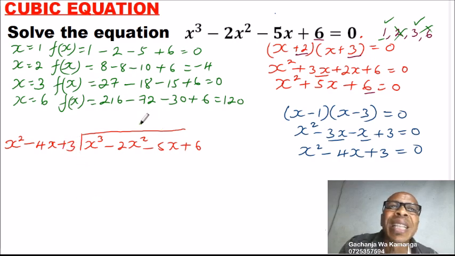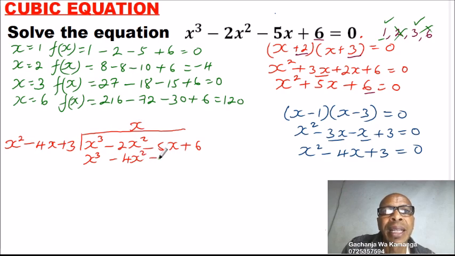So x multiplied by x squared gives us x cubed. X multiplied by minus 4x gives us minus 4x squared. X multiplied by 3 gives us plus 3x.